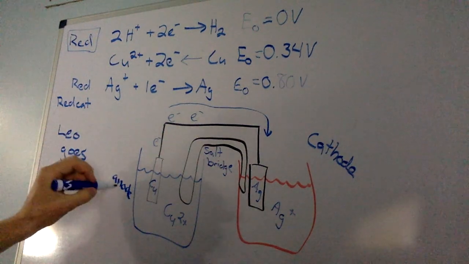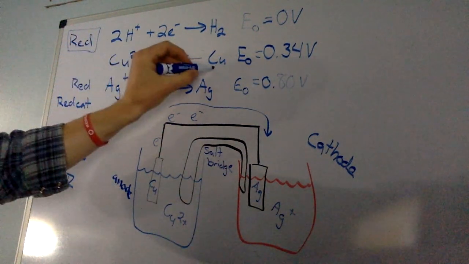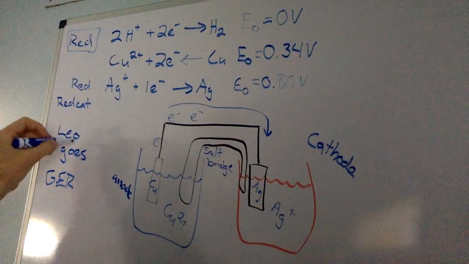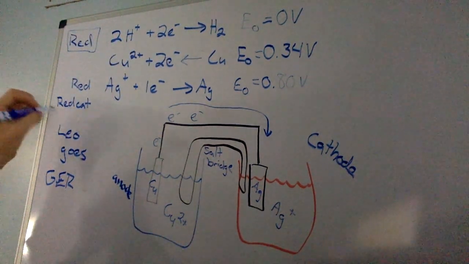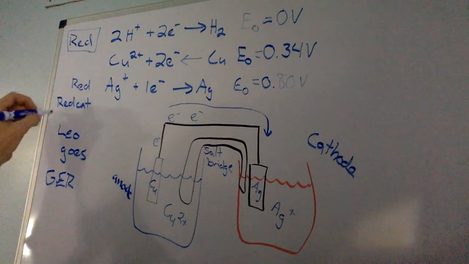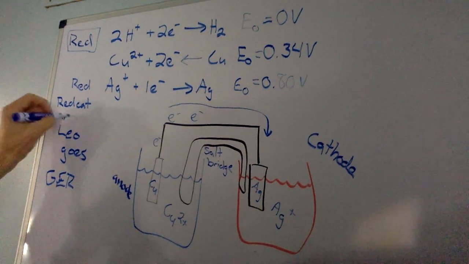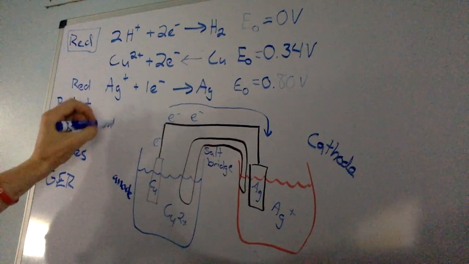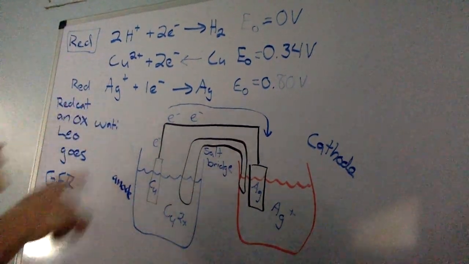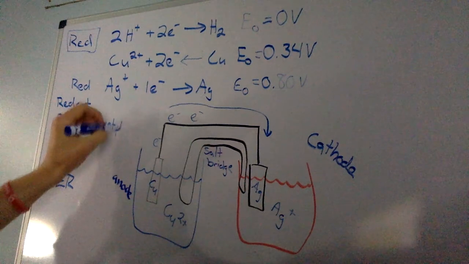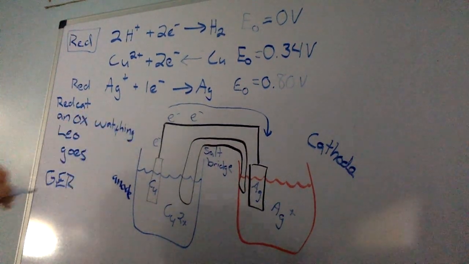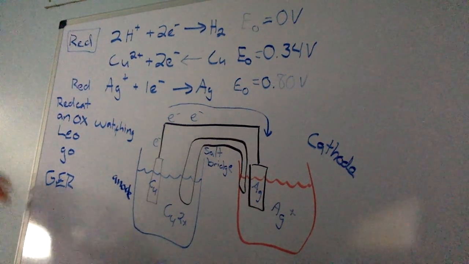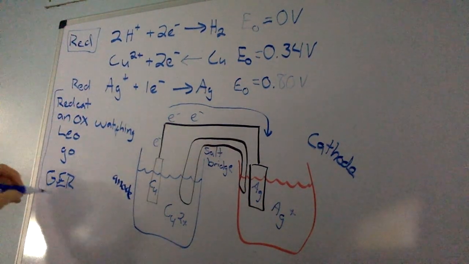Where the copper is losing electrons, it is the anode. So this one, if we're going from copper to copper 2 plus, it's losing electrons. Losing electrons is oxidation. So I have a red cat and an ox watching Leo go grr. All right, so our whole phrase now is right here.